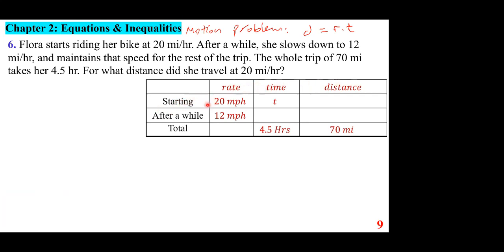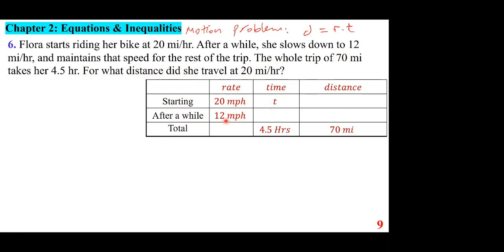So we're going to start with rate, time, distance. We start at 20 miles per hour. After a while, we're going to go 12 miles per hour. For what distance did she travel at 20 miles per hour? The time spent doing 20 miles per hour, we don't know, T or x or whatever variable you want.